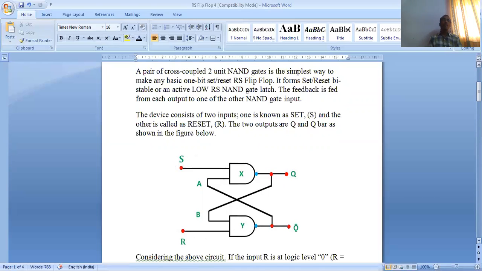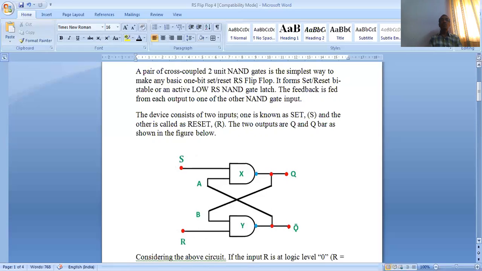When S equal to 0, R equal to 1, then output Q bar equal to 0. S equal to 0, R equal to 1, then output Q bar is 0.